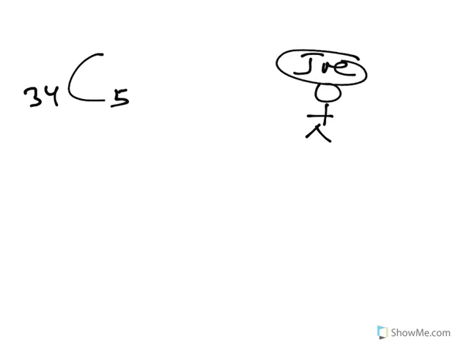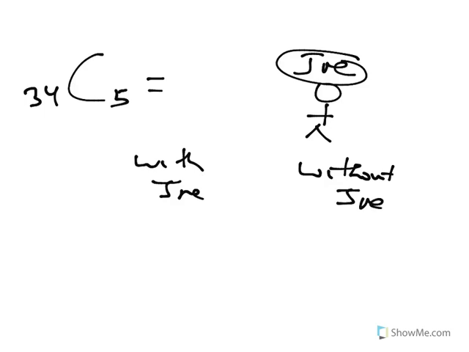So I'm going to show you an example. Say there are 34 students in a class, and I want to make a 5-person committee. And here's a student I'm going to call Joe. These 5-person committees, some of them have Joe in them, and some of them don't have Joe in them. Those are the only 2 possible committees.